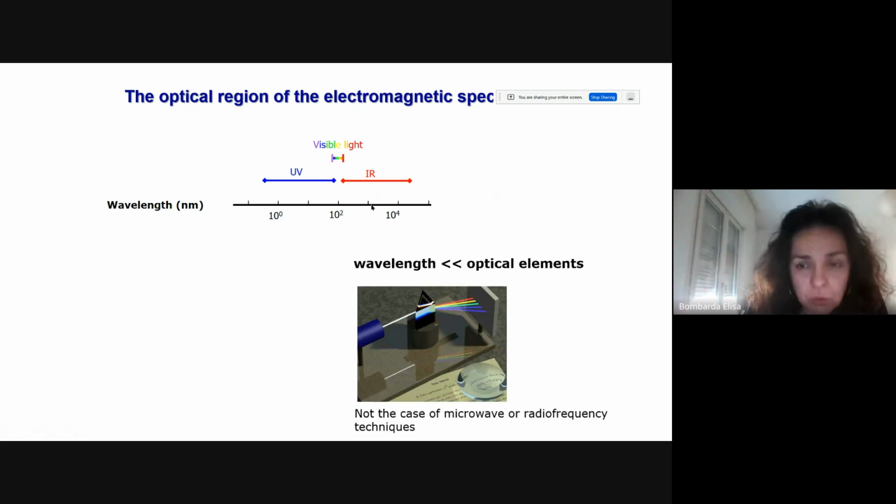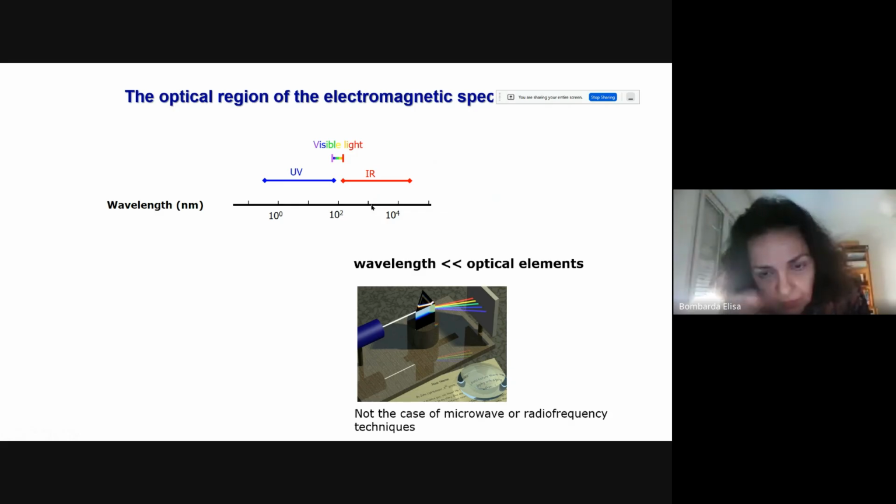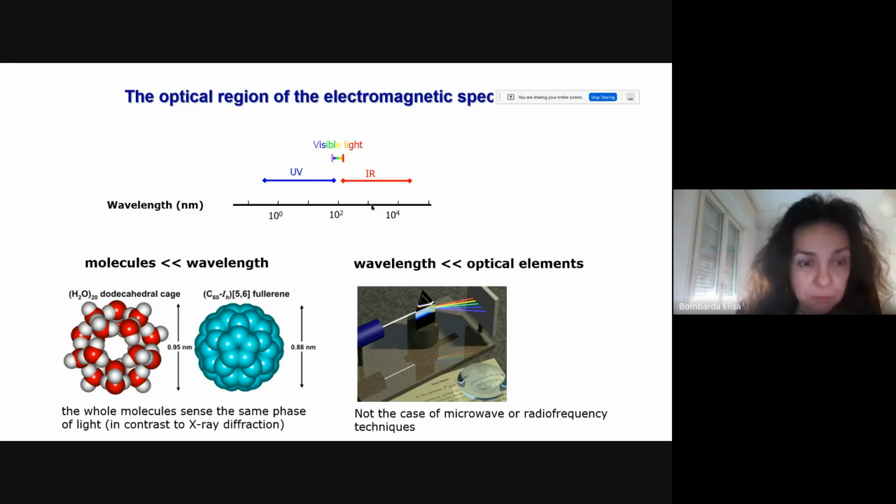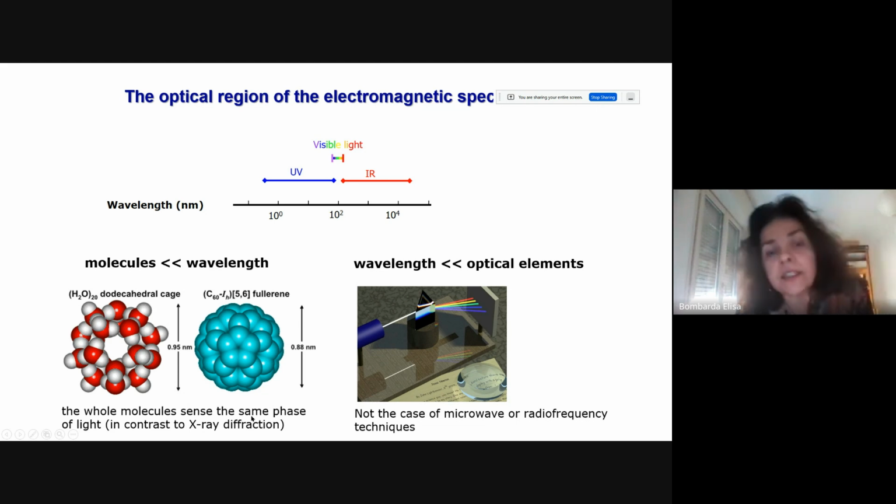That is important because these wavelengths are much smaller than the dimension of optical elements, which is not the case for microwave and radio frequency techniques, for example. Moreover, the wavelength is larger than the dimension of the molecule that we are studying, and that means that the whole molecule sees the same phase of light, in contrast to X-ray diffraction.